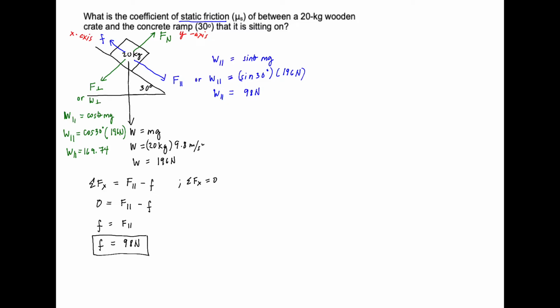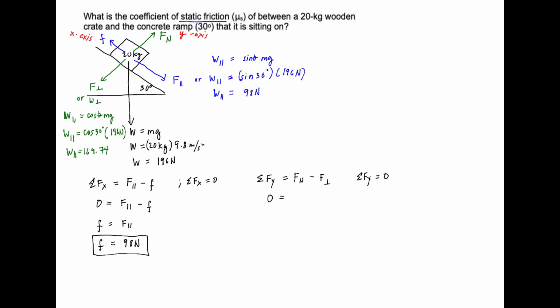Next, let's do the summation of Fy. The summation of Fy here would be the normal force minus the perpendicular force. However, if we look at the box, it's not moving up or down in its axis, and therefore the summation of forces in the y would be 0.